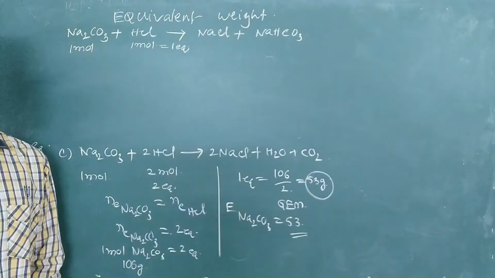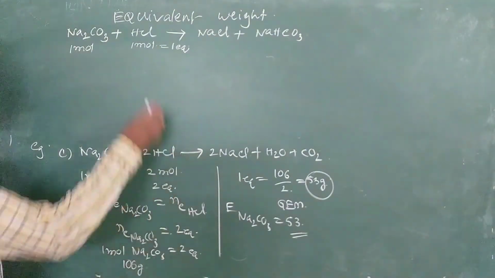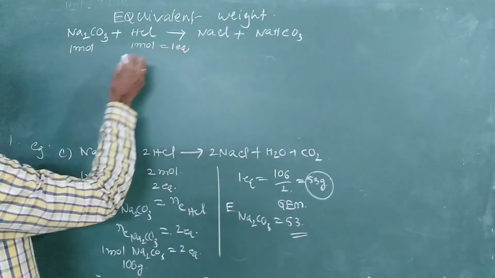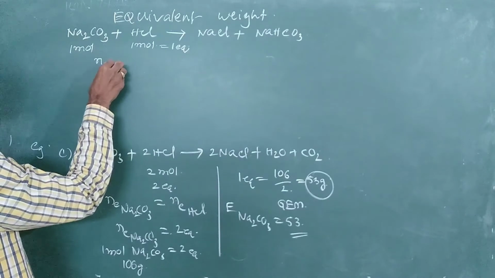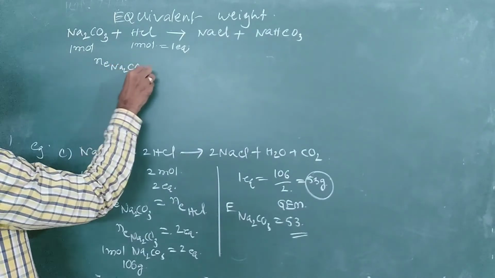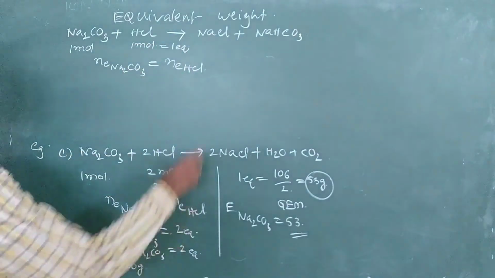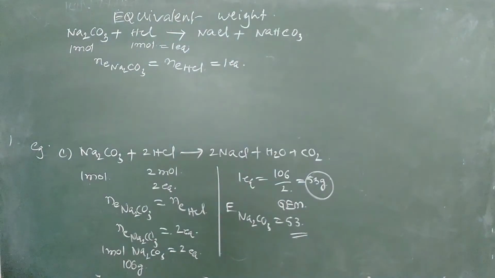So 1 mole is equal to 1 equivalent, or gram molar mass is equal to gram equivalent mass. Now as per the law of chemical equivalence, the number of equivalents of sodium carbonate is equal to the number of equivalents of HCl. Okay, so that is equal to 1 equivalent.